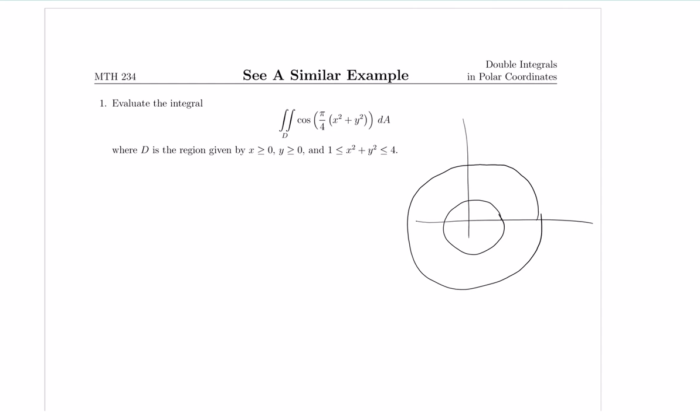And so the inequalities are saying it's in between these two circles and in the first quadrant, so it's exactly this region here. So this is our region D of integration.